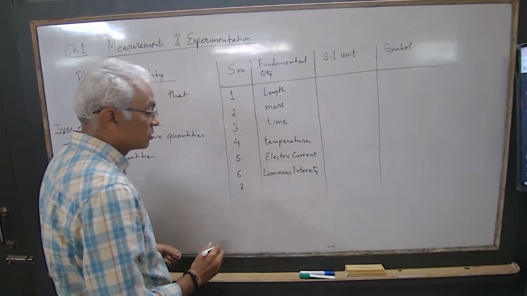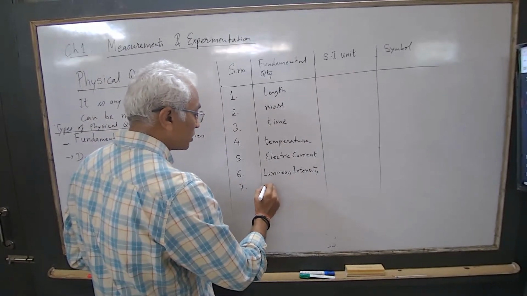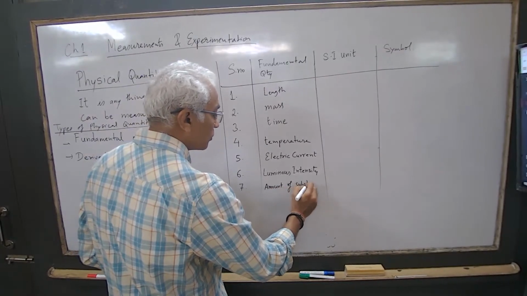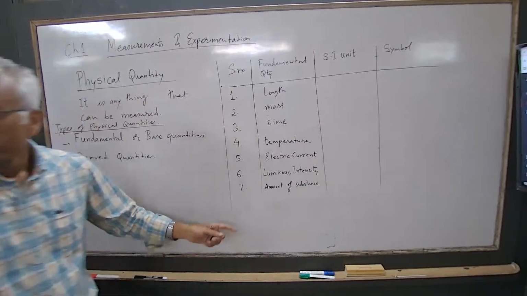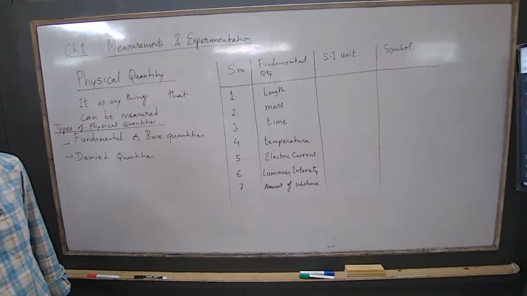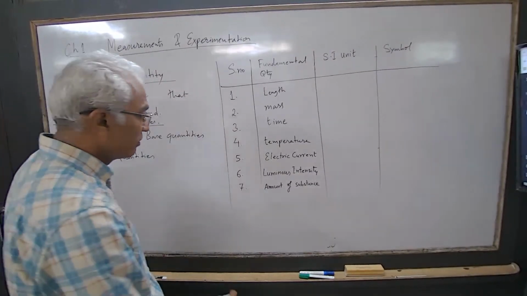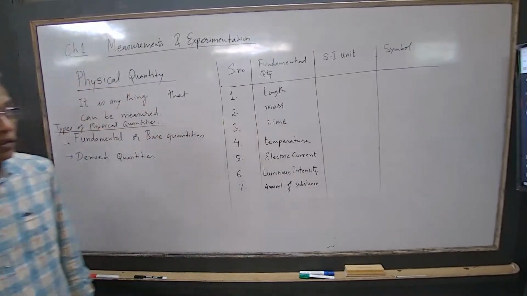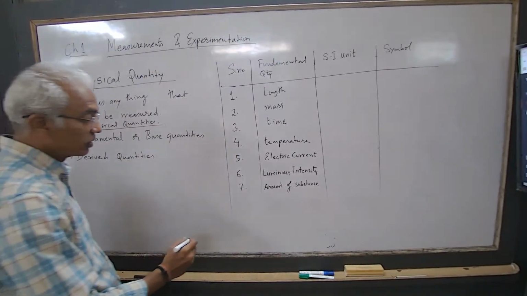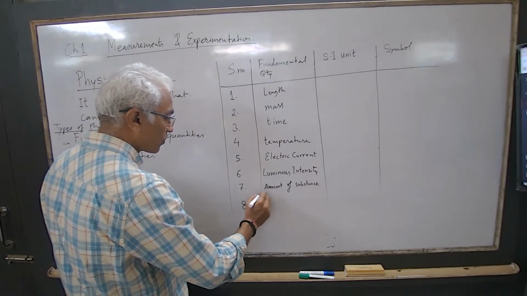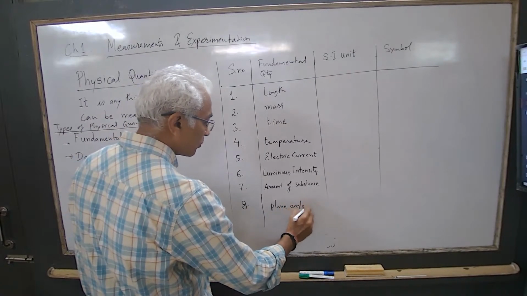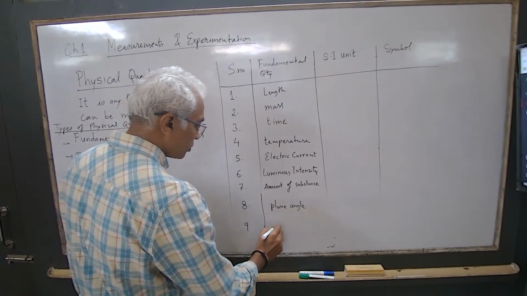Then you have the seventh, which is amount of substance, which I'll discuss later. These are the 7 fundamental quantities. There are 2 additional quantities apart from these: plane angle and solid angle.